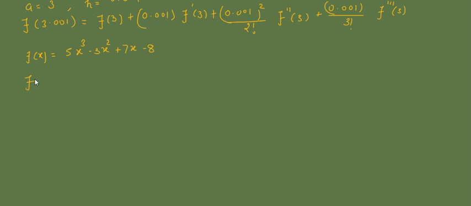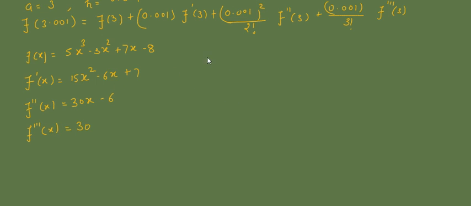Now what do we require? We require the first derivative, that is 15x square minus 6x plus 7. The second derivative, 30x minus 6, and the third derivative at x, that is 30.